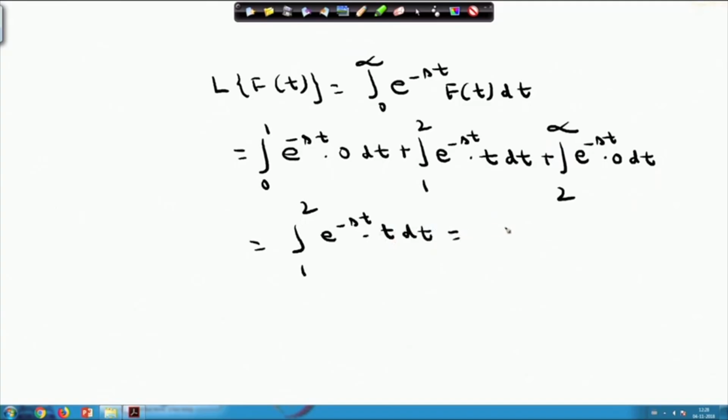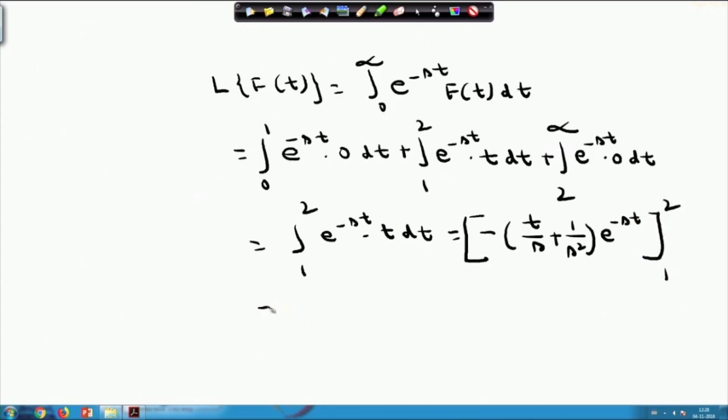If I evaluate the integral, it becomes minus t by s, minus 1 by s square, e power minus st. I am not going into the integration here. The limits go from 1 to 2.